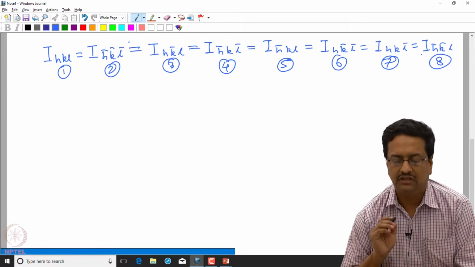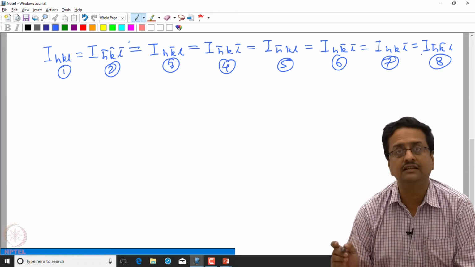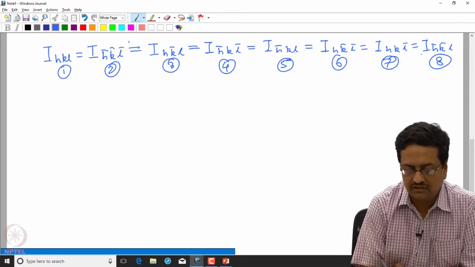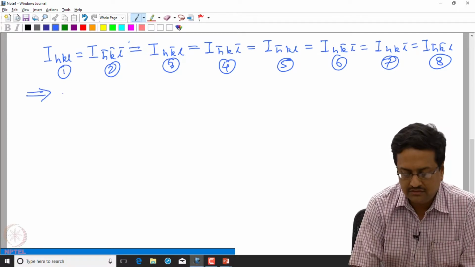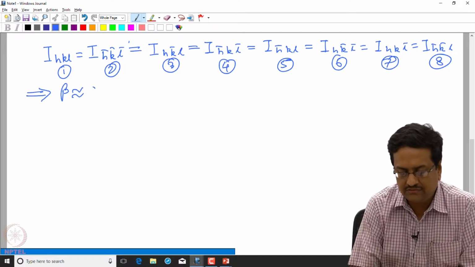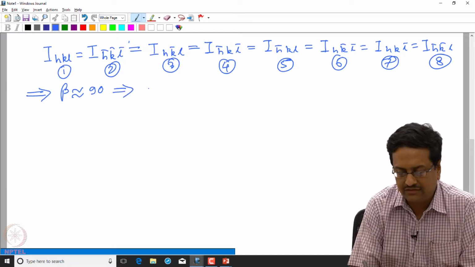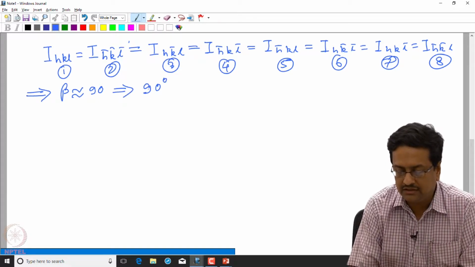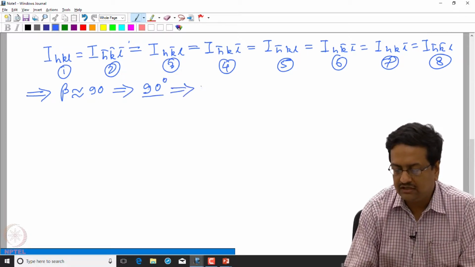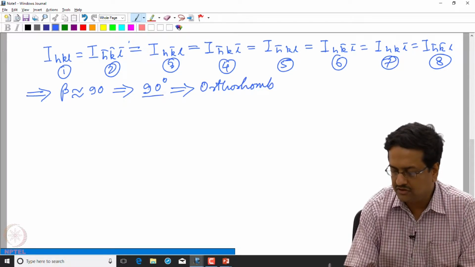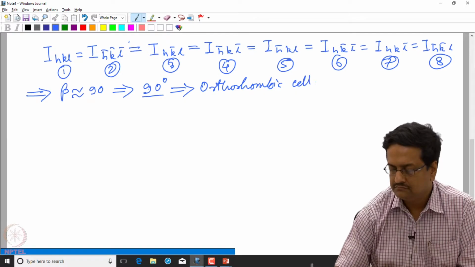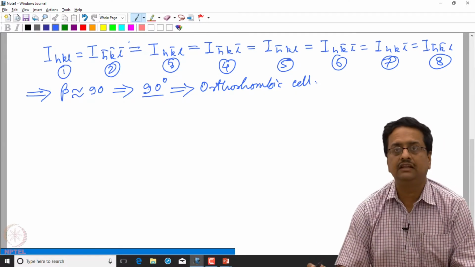reflections will have the same relative intensity, and this will then conclude that the beta we were seeing very close to 90 degrees is actually 90 degrees, hence we take it as an orthorhombic cell, because this step is very important.